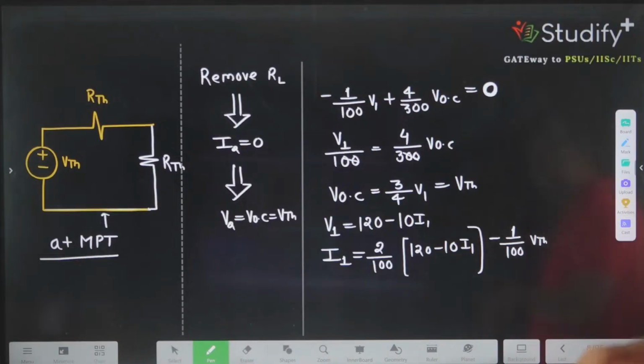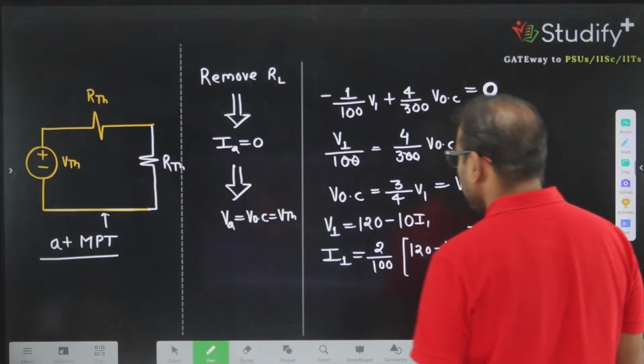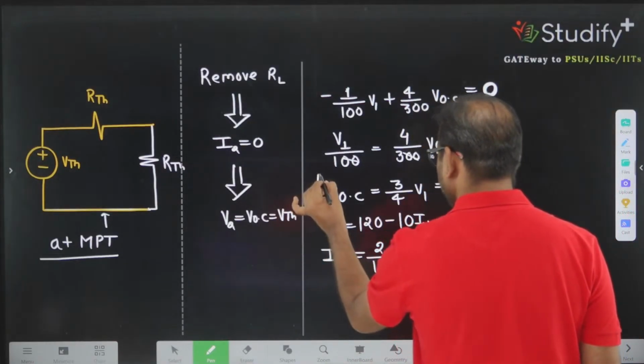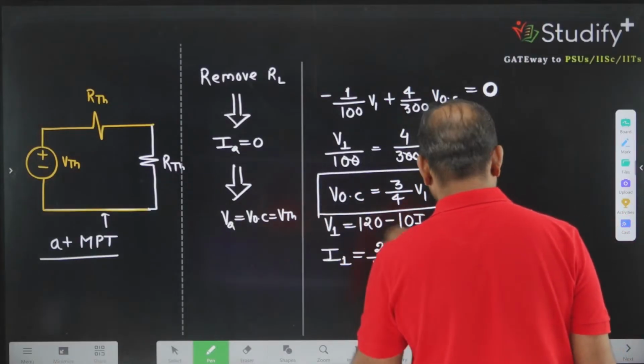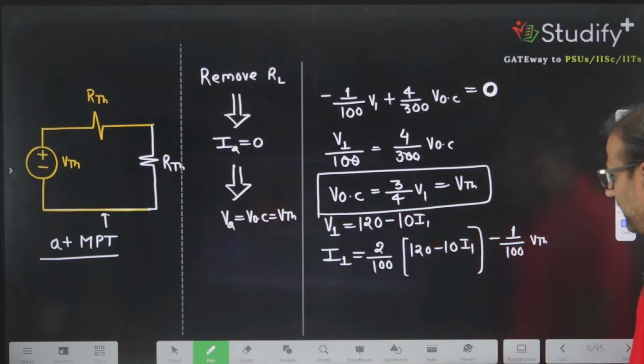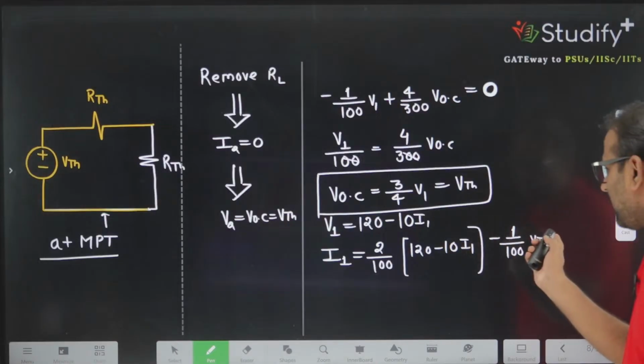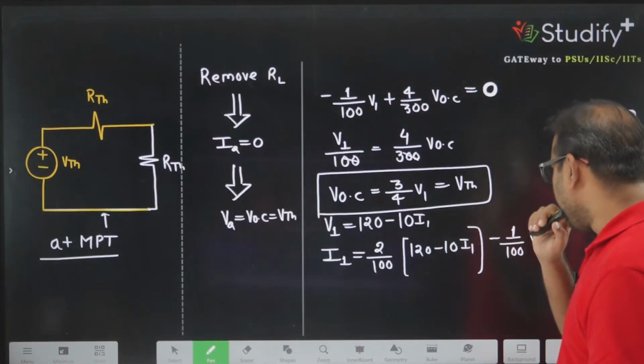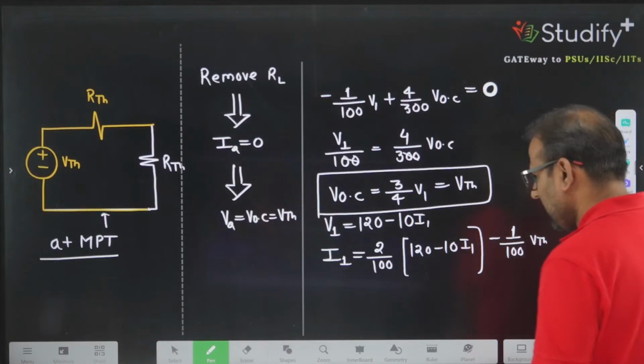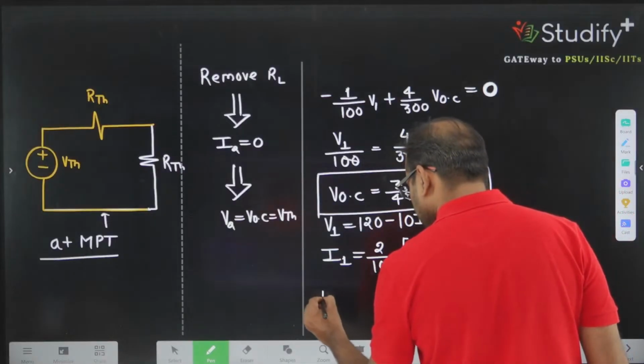Correct? And one of the relationships we are having here, so we can have the direct relationship between V1 and VOC.